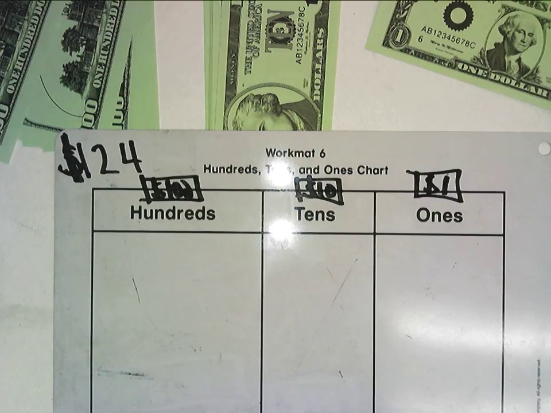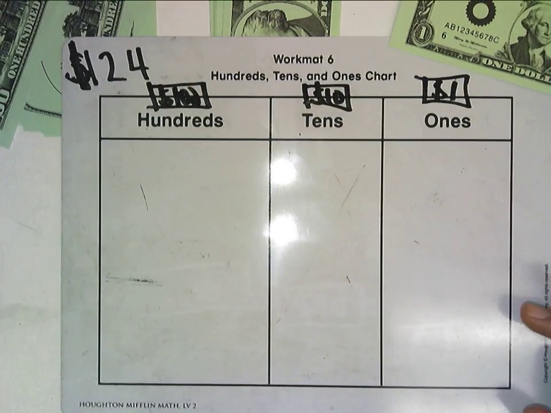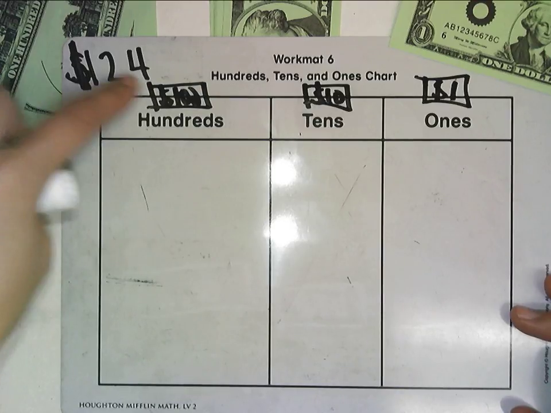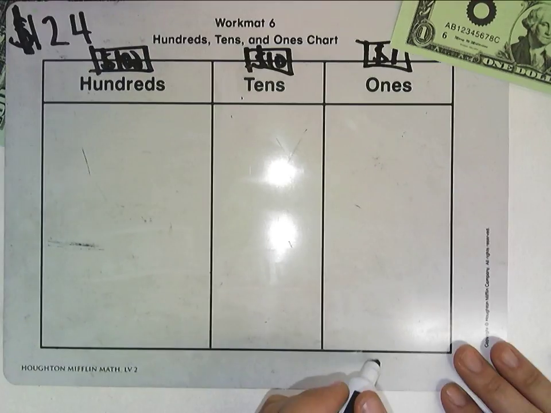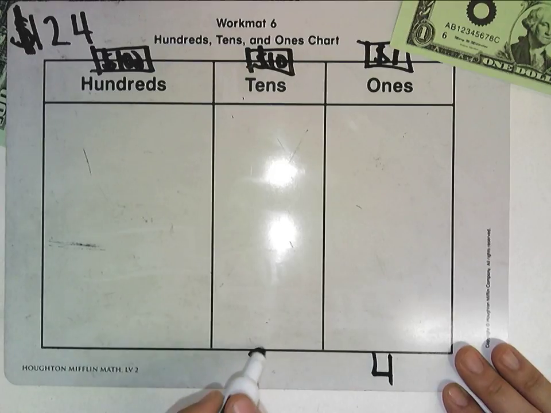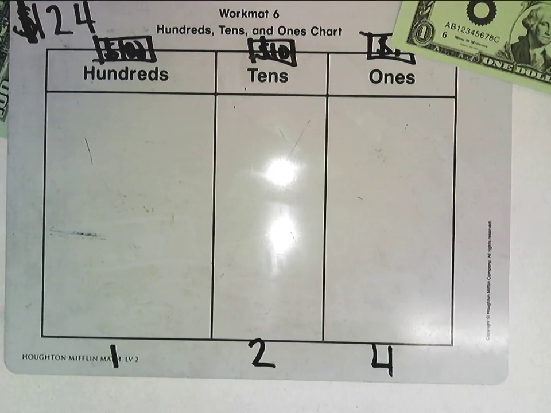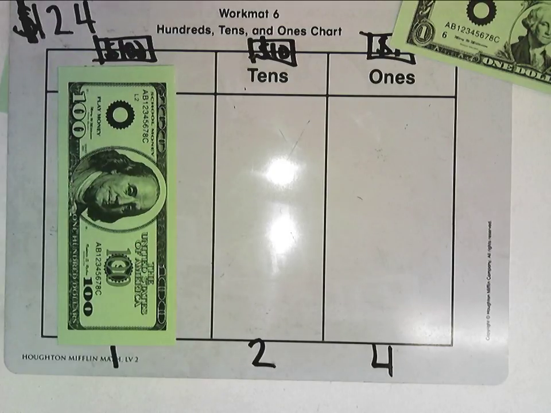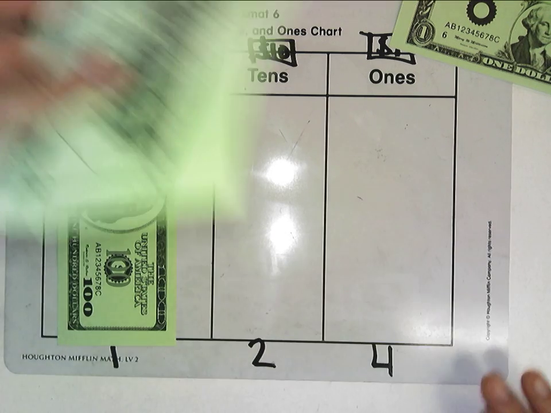So I have 124. Just like we would represent on a place value chart before, how many units do you have of each? Think ones, tens, hundreds. So I have 4 ones, 2 tens, and 100. This is exactly what I'm going to do right now. I'm going to put one group of 100, a $1 bill, $100 bill, excuse me, in my hundreds place.